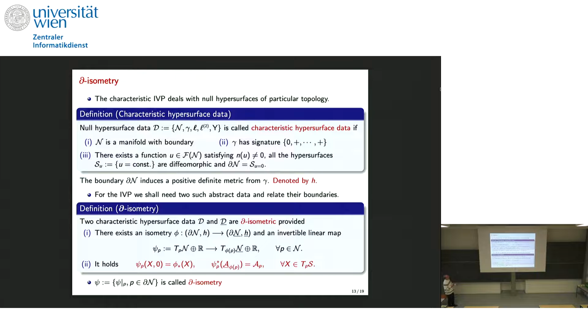So the boundary isometry by definition is the following. If you give me two, by the way, to summarize these three properties, I call them characteristic hypersurface data. So if you give me two characteristic hypersurface data, we will say that they are boundary isometric, provided, first, the boundaries have to be isometric in the sense that there has to be an isometry between the induced metrics.